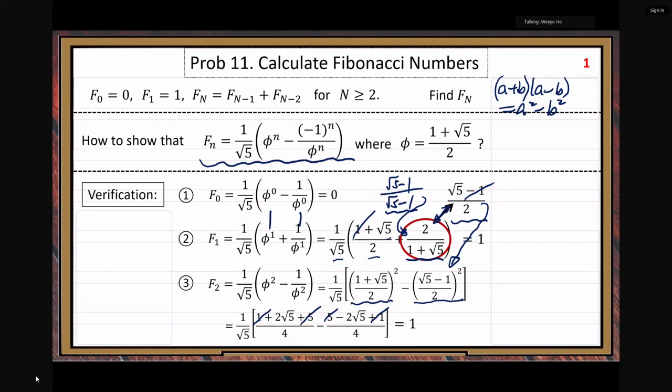The first 3 Fibonacci numbers all satisfy the given formula. So we have more confidence here. All right. Actually, if we just verify these 3 special cases, already enough.